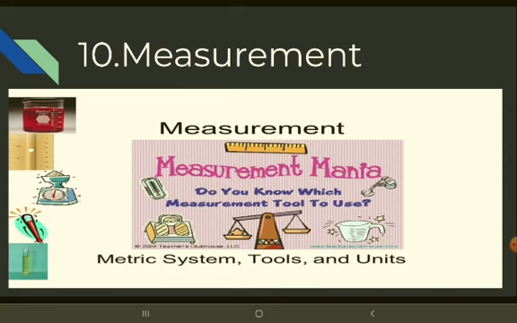Then how is measurement used in everyday life? Measurement continues to play an important role throughout everybody's life. For example, during a medical checkup, a sports competition, when building a house, when controlling temperature in appliances, or while cooking. These are very important in our everyday life.